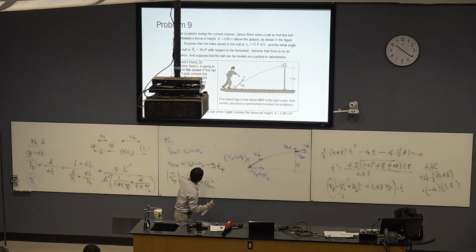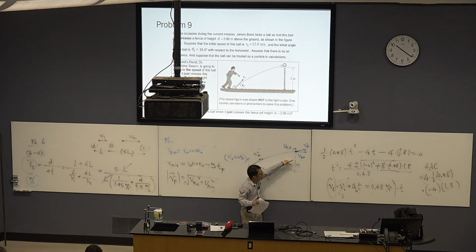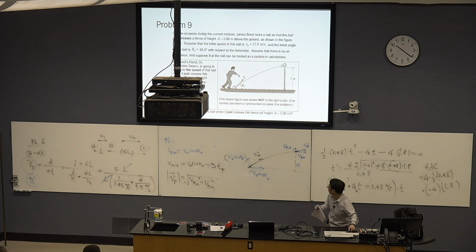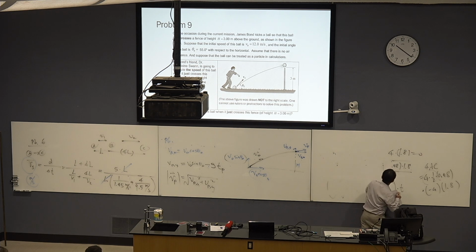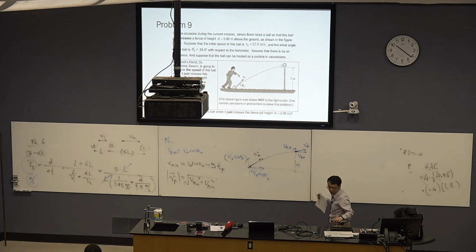But now the question is, how do you get the TP? So let's look at what information we know. We know this height here, so you can use the equation in the y direction.